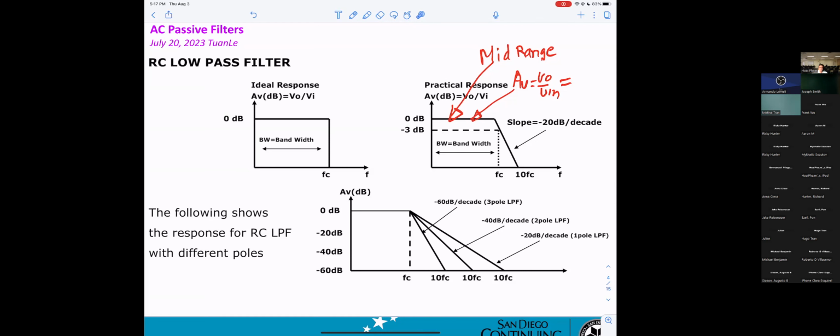Now, you say 0 dB. Okay, if I'm looking in here, I can say minus 3 dB is equivalent to 0.707.